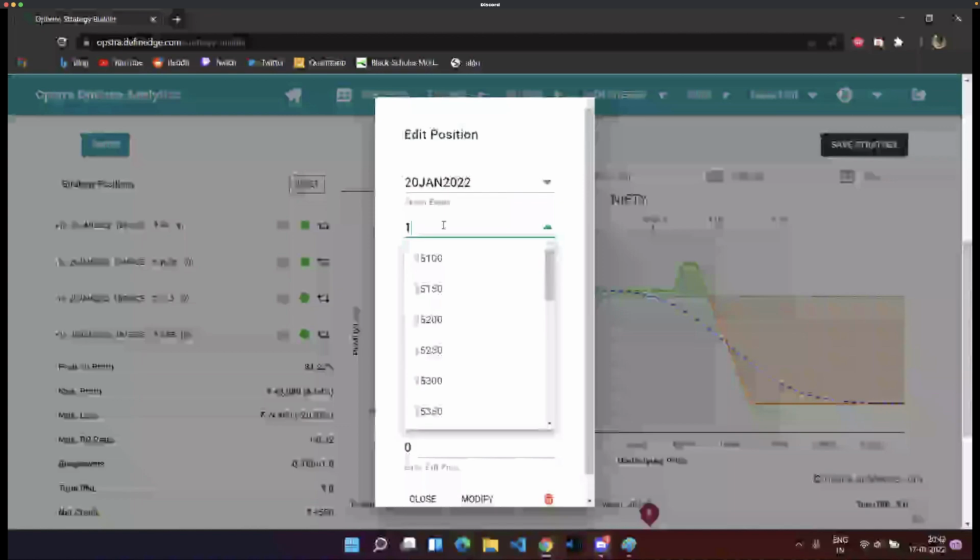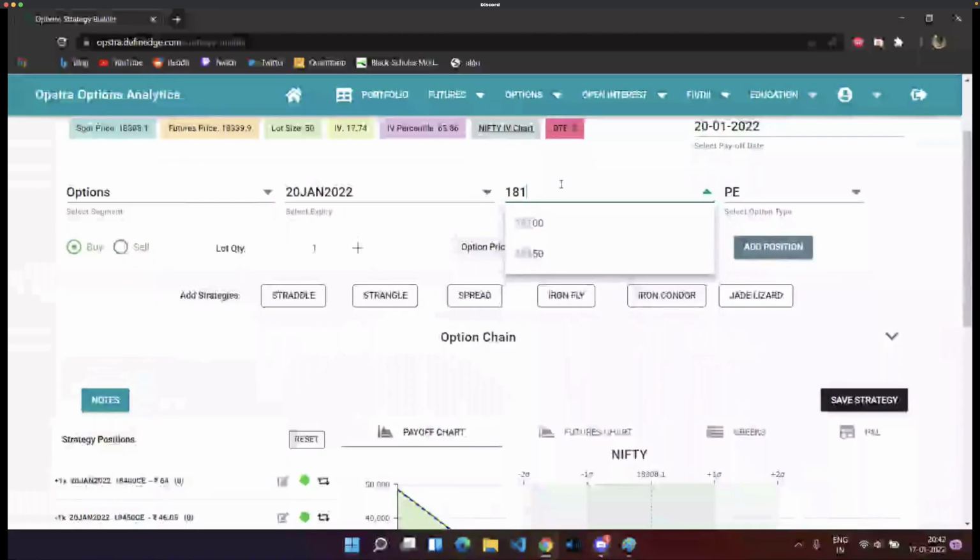18,600. Okay. Let's watch this without breaking. And I'll also build this on the put side. 150.